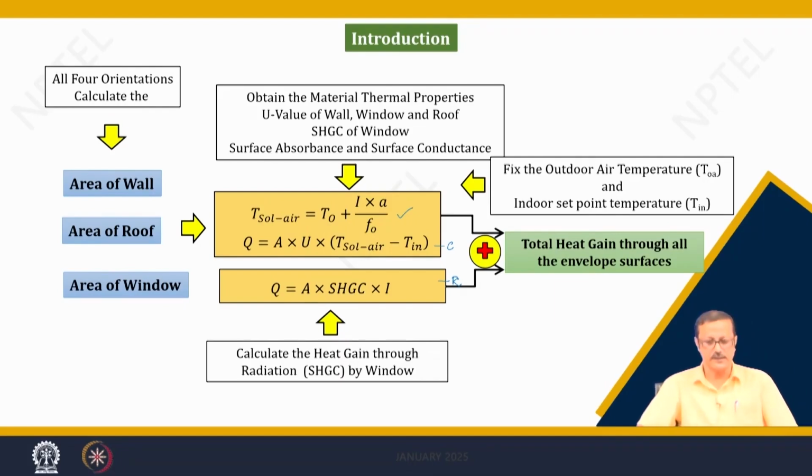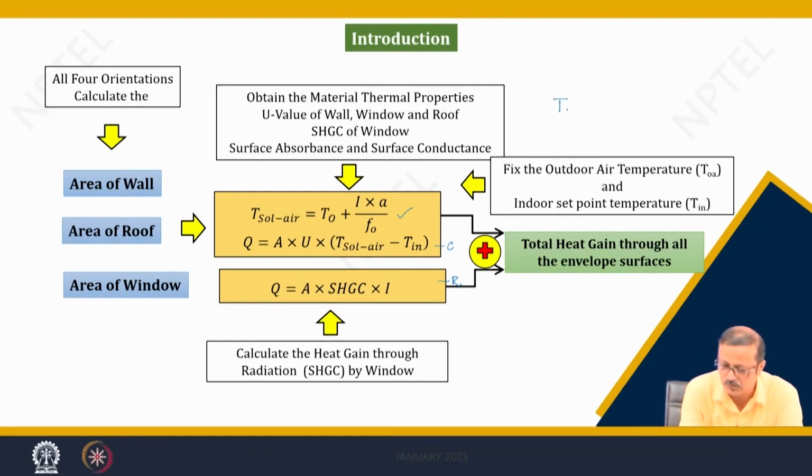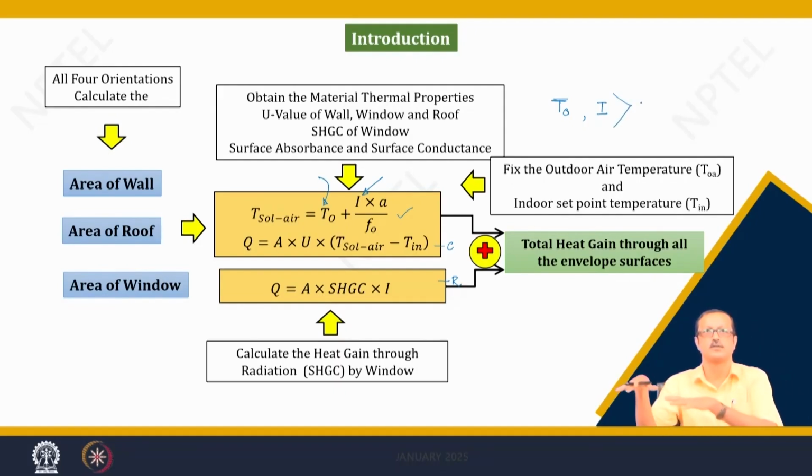Now, the only difference from lecture number 11 in this lecture number 13 is that TO, the outdoor temperature, and I, the solar radiation, these two are going to vary for each hour.